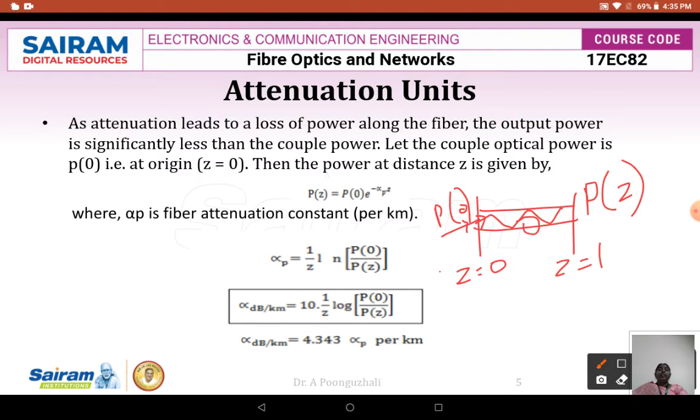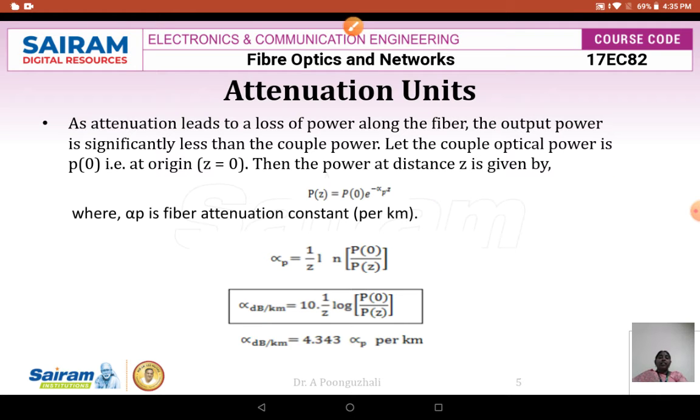So the power at a distance Z is given as P of Z equal to P of 0 into e to the power minus alpha P into Z. Here alpha P is nothing but the fiber attenuation constant, which is defined per kilometer, and Z is nothing but the distance.